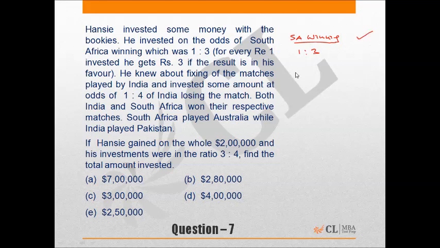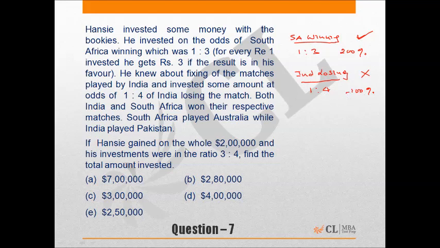Next he had placed a bet on India losing, at the rate of 1:4, and India won. So on the first bet Hansi gained, on the second bet he lost. On account of South Africa winning, his profit is 200%. On account of India losing, he has a loss of 100%, or minus 100% profit.